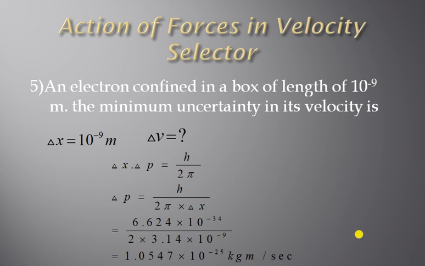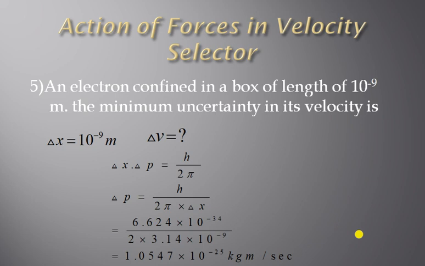An electron is confined in a box of length 10 raised to minus 9 meter. The minimum uncertainty in its velocity is. Now in this case, the uncertainty in position is given as 10 raised to minus 9 meter. We have to calculate the uncertainty in velocity, that is delta v.